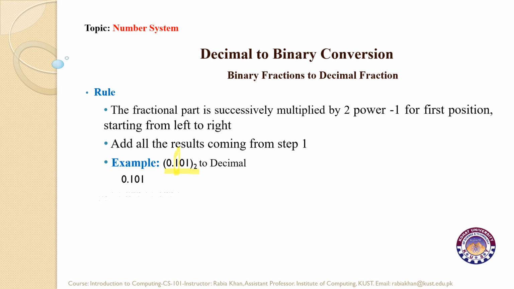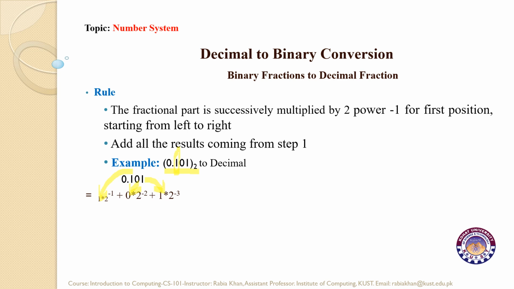Here you can see this 1 is multiplied by 2 and the power of 2 is -1. Then is 0. This 0 is multiplied by 2 and the power reduces by 1, so it is -2, and the last one is multiplied by 2 and the power of 2 is -3.